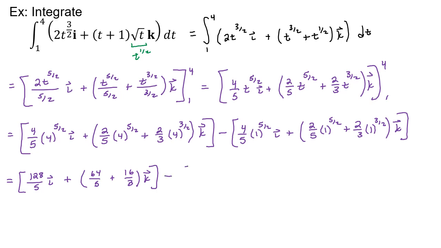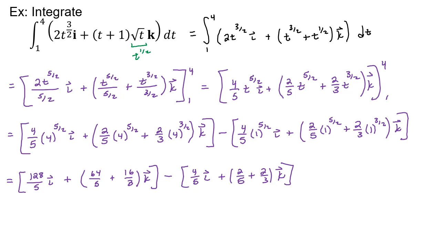Minus, plugging the 1 in is a lot easier. This is 4/5 i. This is 2/5 plus 2/3 k. And so then you just got to put all this stuff together.